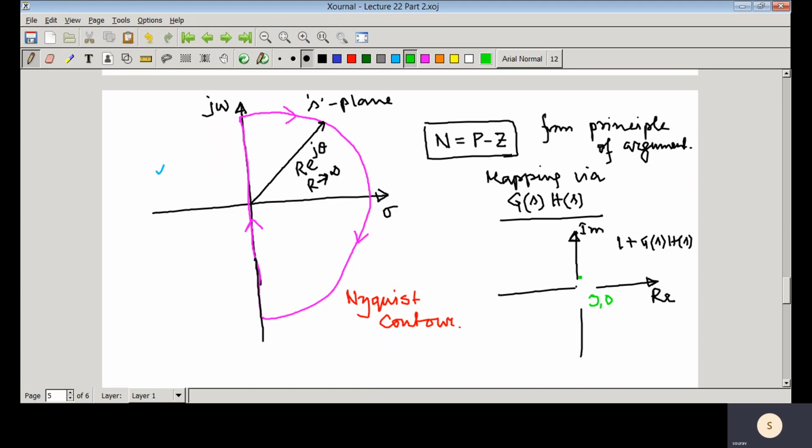But if we map via only g of s h of s, that means if the mapping is only g of s h of s instead of 1 plus g of s h of s, then this particular axis will be shifted to the minus 1 point.